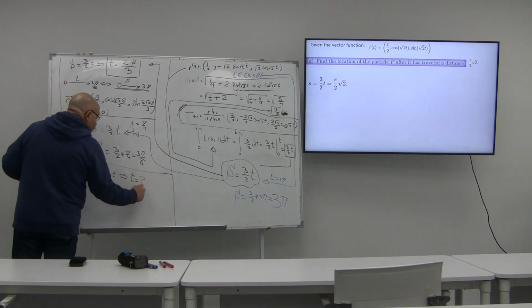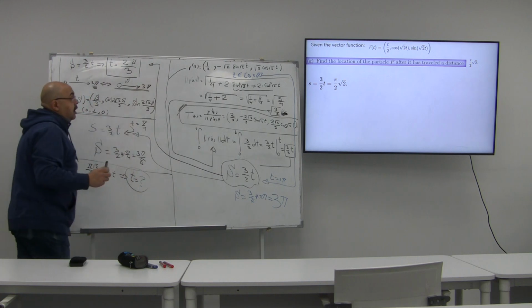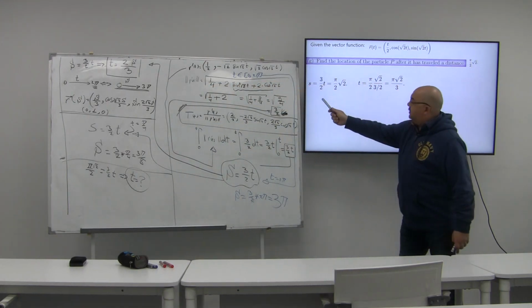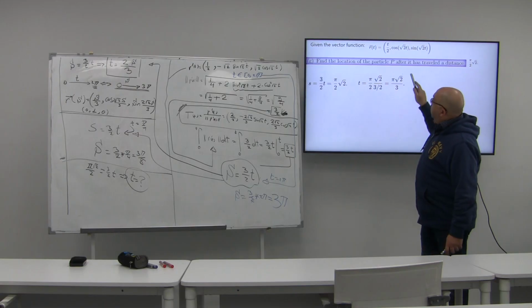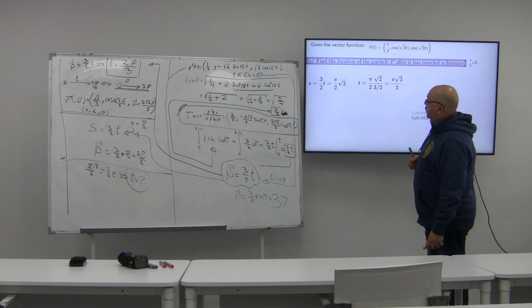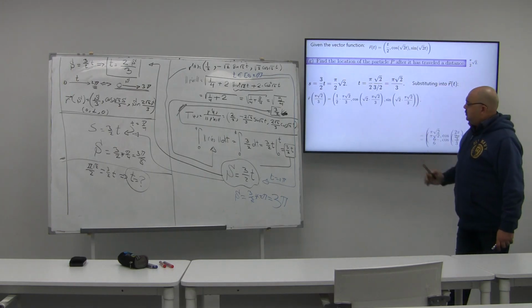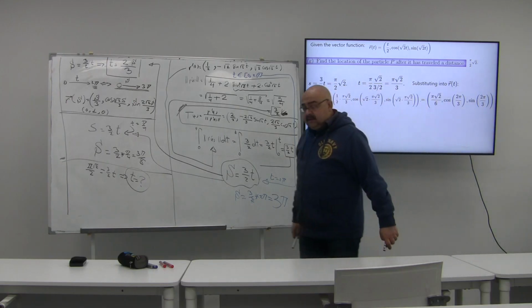Get the value of t. Once you have the value of t, start substituting in r of t. This is actually what I did. Now I have t equal to pi root 2 over 3. I will take this value and start substituting in r, and this is how we are going to get the exact position of this particle at this distance.